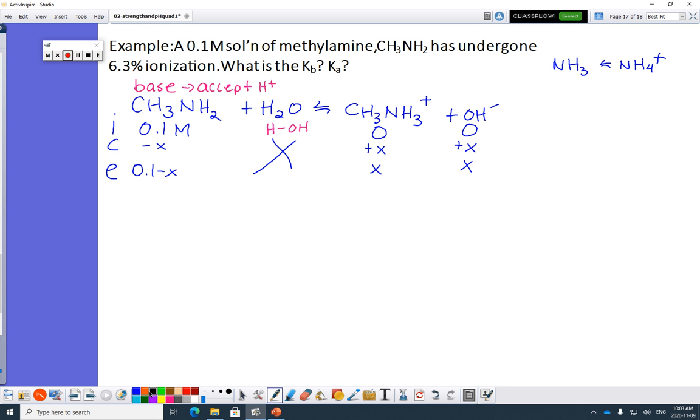So we have to use the other piece of information we're given, which is the percent ionization. Similar to pH, and it makes sense, the percent ionization is how much ions you get, right? So where does that go? At equilibrium. So you can do that at the side.